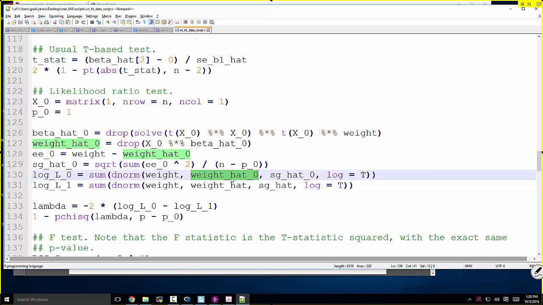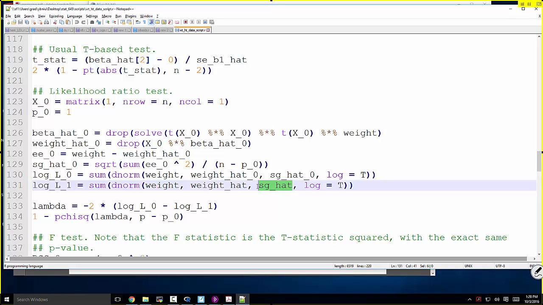So here are the fitted values under the null. Here are the fitted values under the unrestricted. The standard deviation under the null, standard deviation unrestricted. I want the dnorm for all my weights, plugging in the respective estimates, and then product those up.